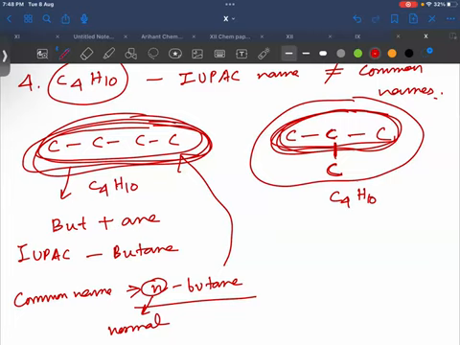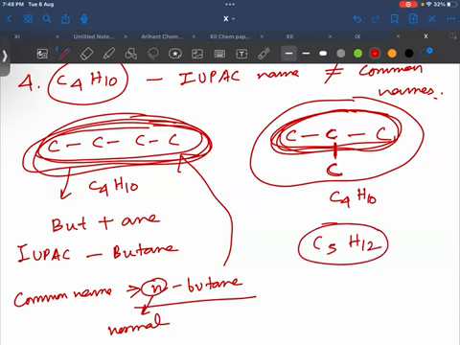Everyone done writing? Write down a question. Draw different ways in which pentane can be drawn. Pentane in the sense C5H12.